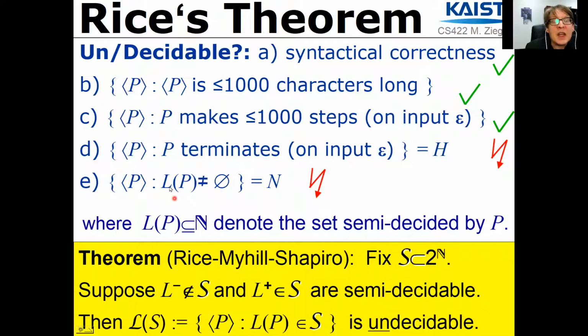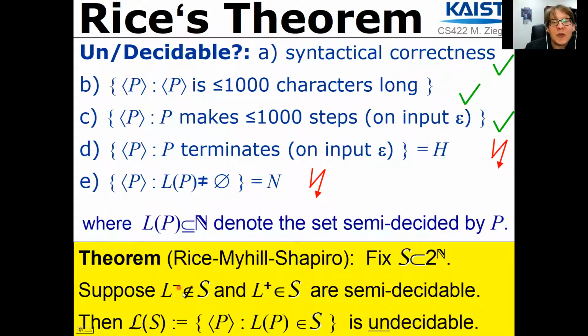So we can now recover the undecidability of the non-triviality problem with a case where capital S is the set of all subsets of natural numbers except the empty set. And here the hypothesis is satisfied with L minus being the empty set, which is a semi-decidable set, right? The empty set is semi-decidable. It's very easy to decide.